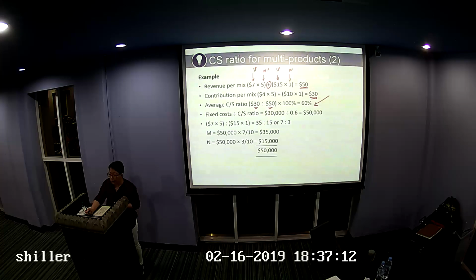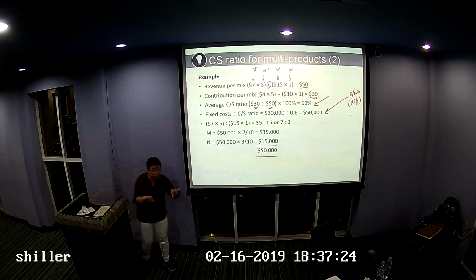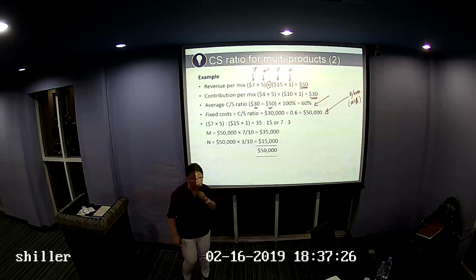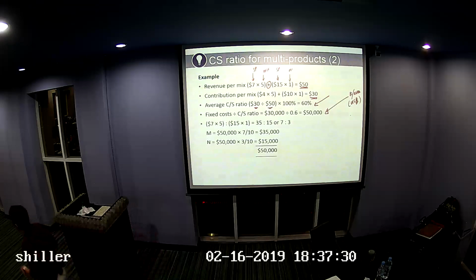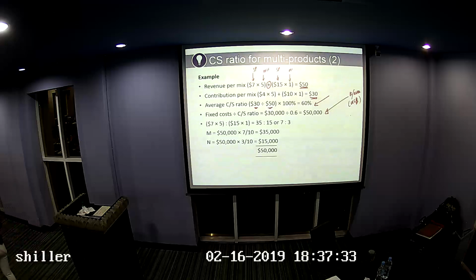Okay. So therefore, what is my break even? You see this? This is now your break even in dollars. Yes? In the first one, that was the end result, correct? But what should I do now? I need to break down the 50,000 between M and N. You get that? So what should I use?